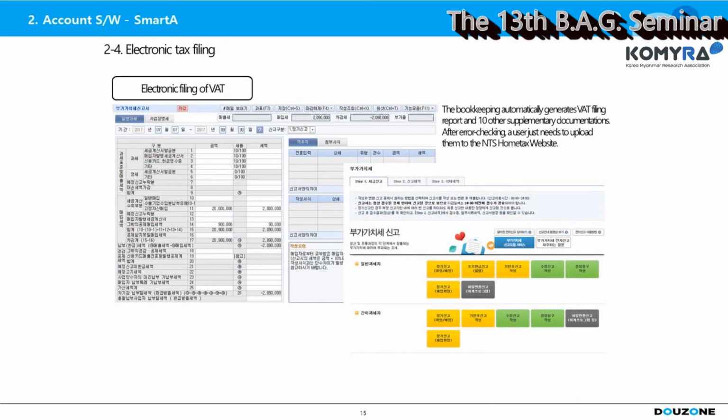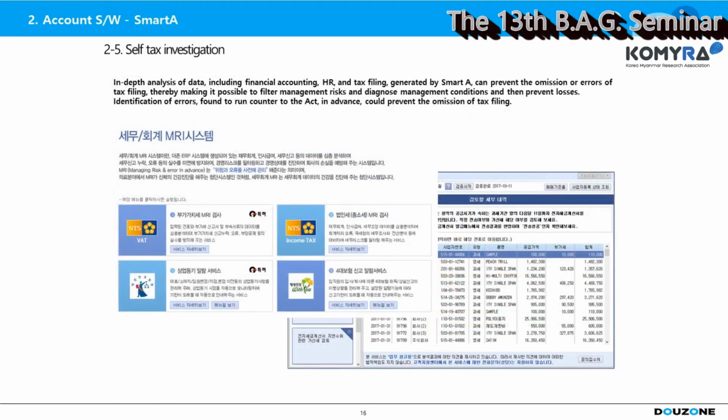In addition, this bookkeeping data will automatically generate the VAT filing report and other taxation reports. After error checking, a user just needs to upload them to the NTS home tax website.